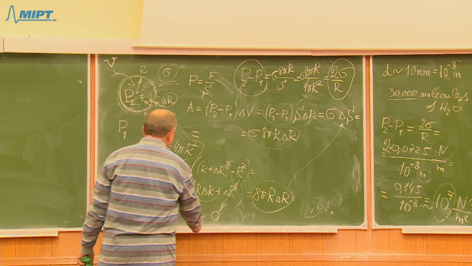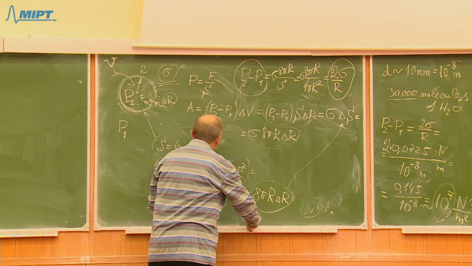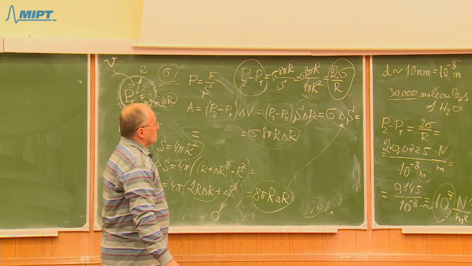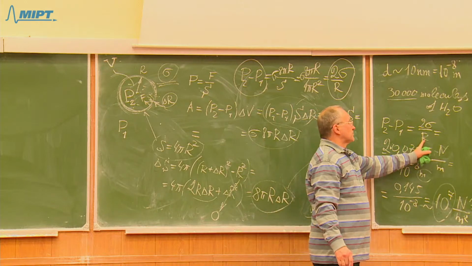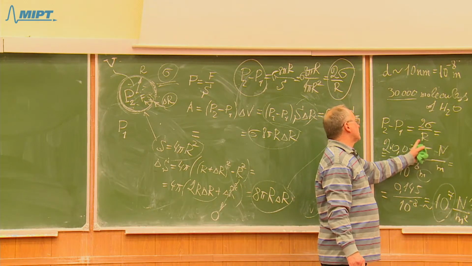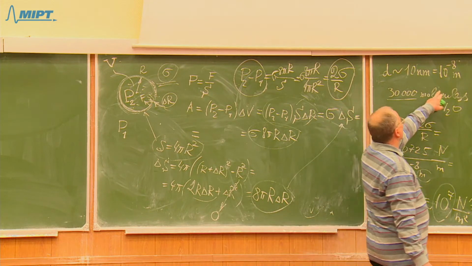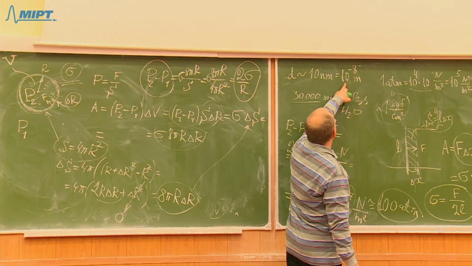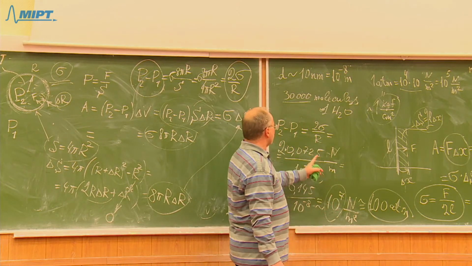Well, if I increase the radius of the droplet by 100 times, then it will be 1 micron, 10 to the minus 6 meters. It will be 1 micron.